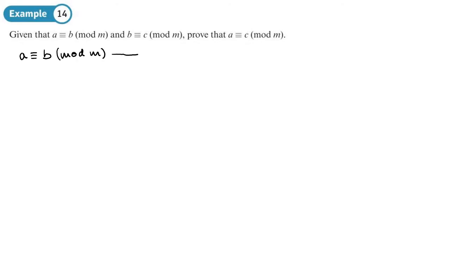Then what that means is that the difference between those two numbers can be divided by the modulus. We were doing that before. So we've got two congruent numbers under a certain modulus. The difference between those numbers can be divided by the modulus.